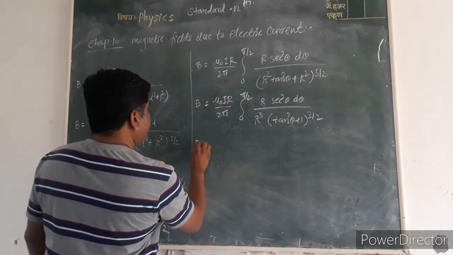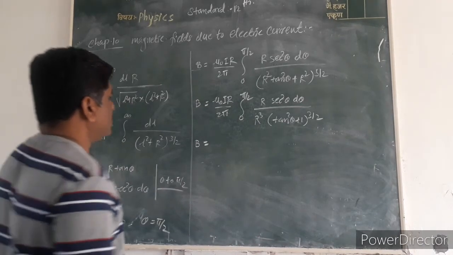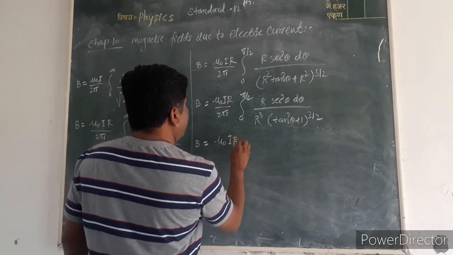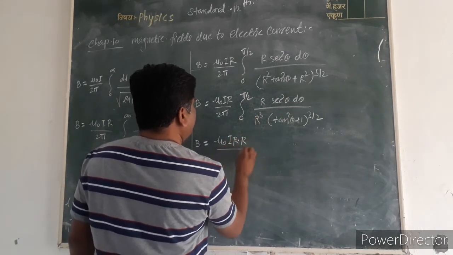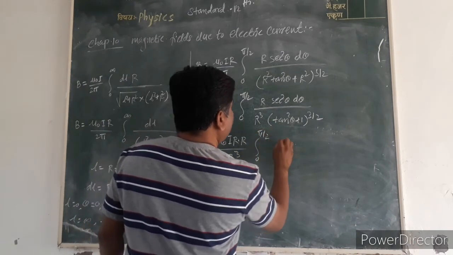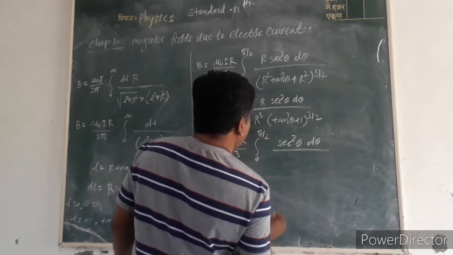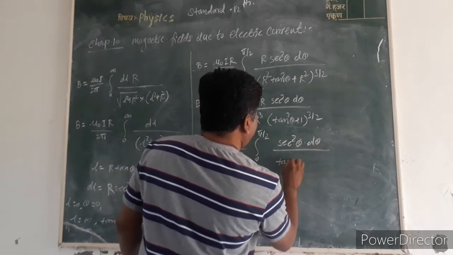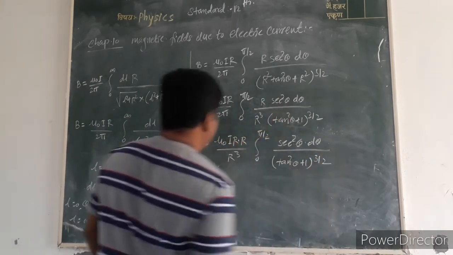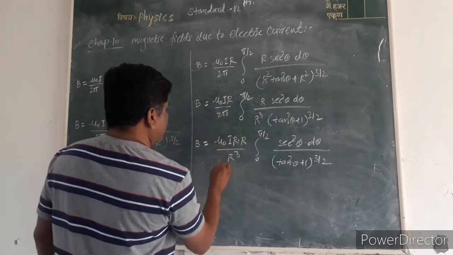Which is equal to mu 0 I r into r divided by r cube, 0 to pi by 2, sec square theta d theta divided by (tan square theta plus 1) raised to 3 by 2, and there is 2 pi.